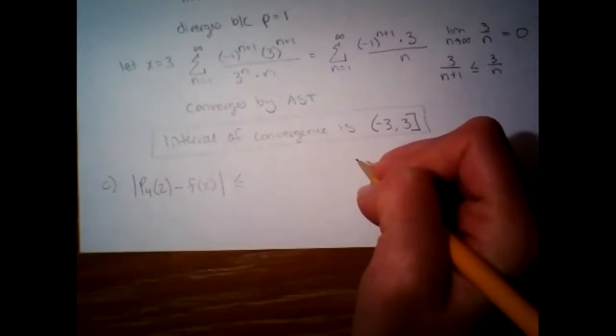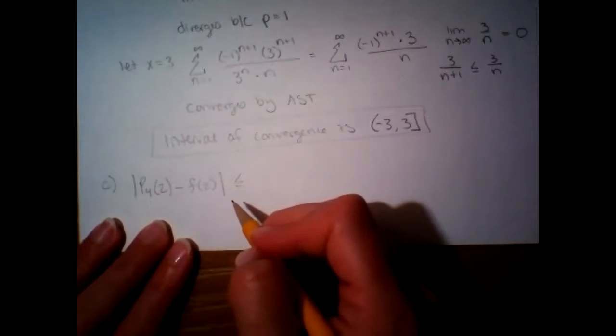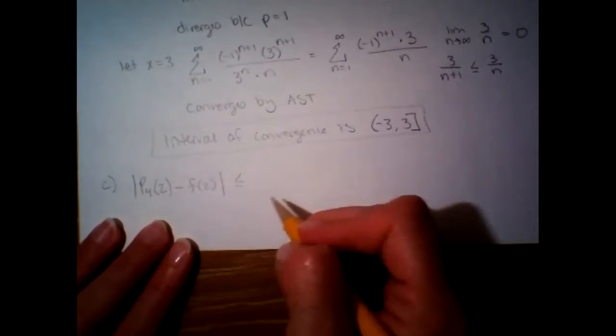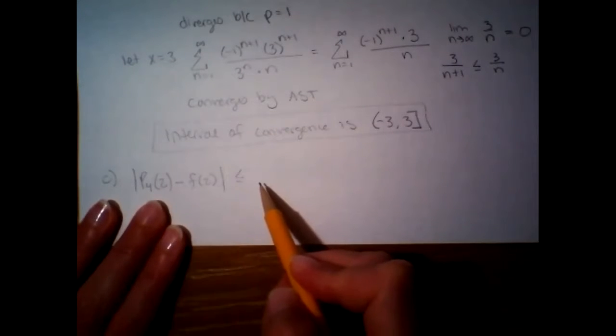All you really need to remember for the alternating series error bound is that you go to the next degree. It's n plus 1. Sorry, I'm having to toggle back and forth between the screens to be able to see what I'm writing here. If this is a 4th degree polynomial, we want to use the term that has the 5th power.